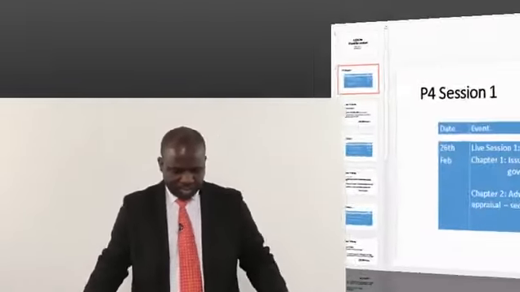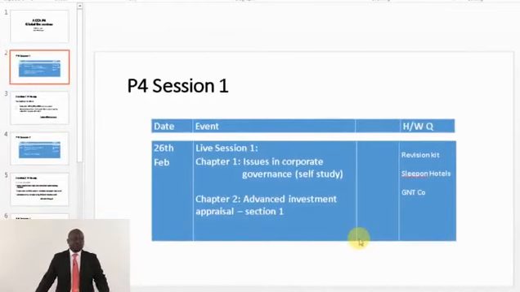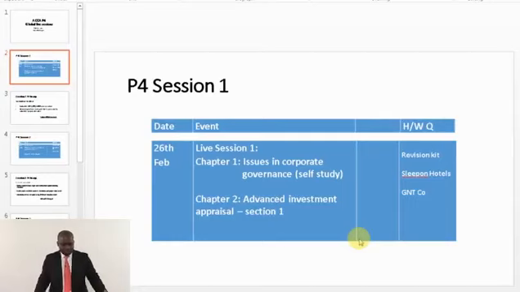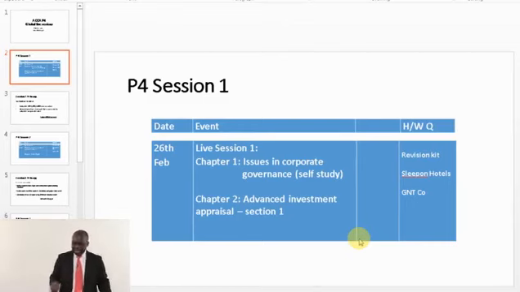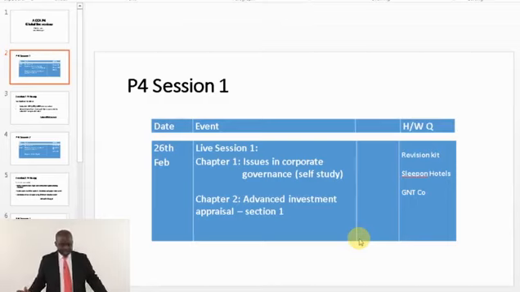Brilliant. Okay, so today we're going to look at Session 1 of our P4. In Session 1, we need to look at Chapter 1, which is in relation to issues in corporate governance, and that is going to be self-study. We're also going to look at Advanced Investment Appraisal 1 from Chapter 2.